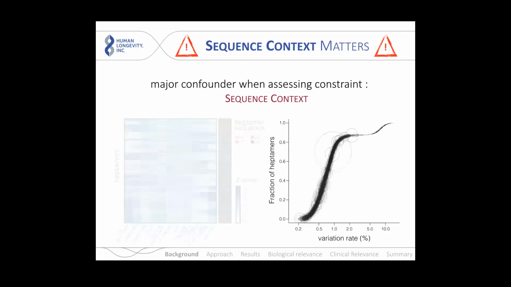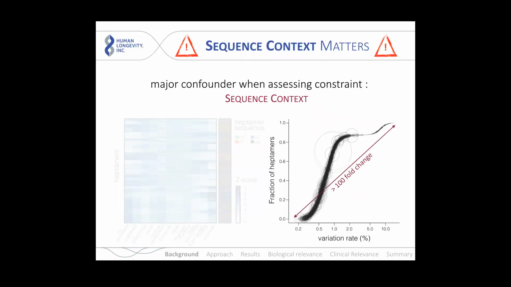So this is a cumulative distribution function showing the variation rate across the 16,000 heptamers. And the size of the dots is proportional to the occurrences of the heptamers in the genome. What's interesting here is that we see a very wide distribution. It's a logarithmic scale, so it starts from 0.15% up to 15%.